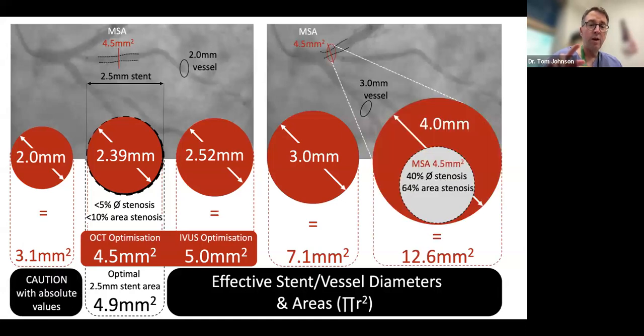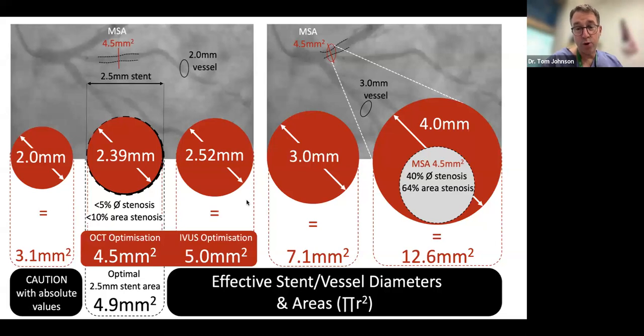And then the opposite is true when we think about larger vessels. I worry that people might use this absolute metric of 4.5 in an artery that should be substantially larger. A 3 millimeter diameter equates to an area of 7.1 and a 4 millimeter of 12.6. So these absolute cutoffs of 4.5 or 5 by IVUS really massively undercook what we should be trying to achieve.